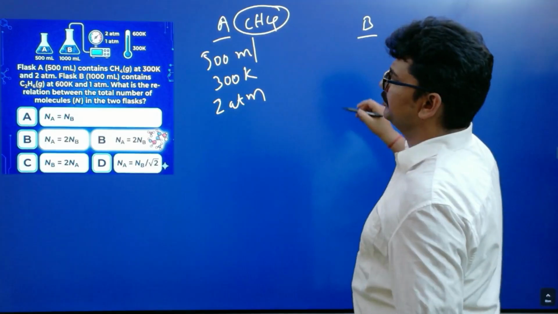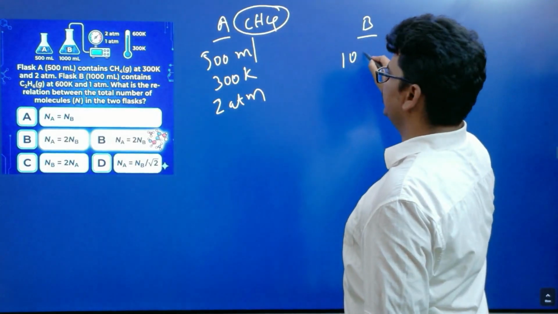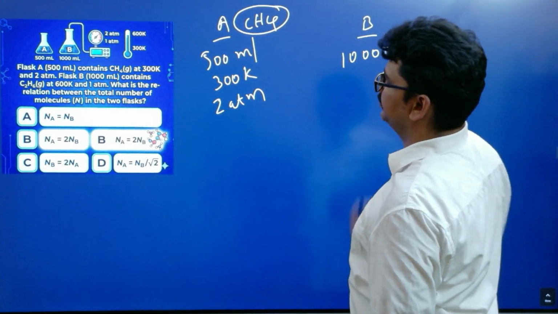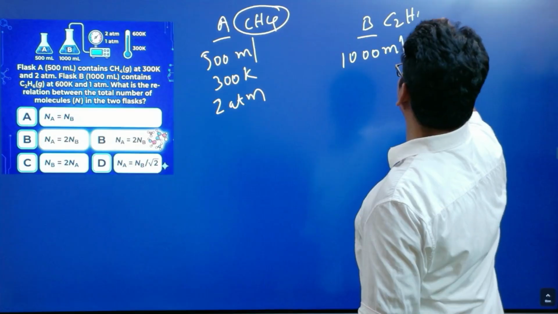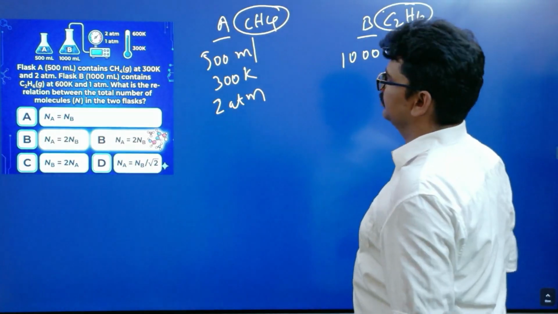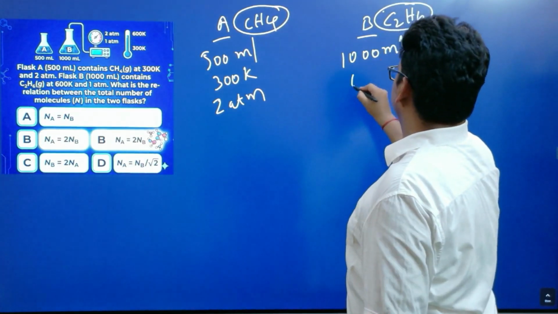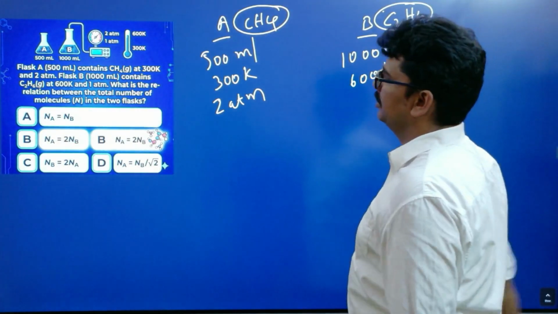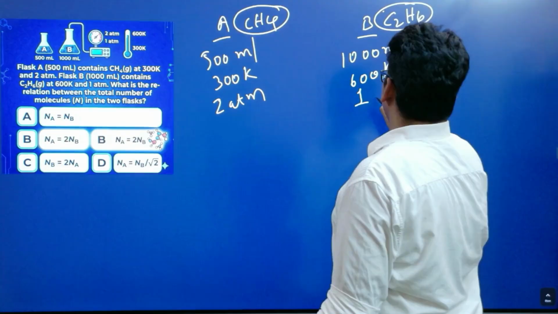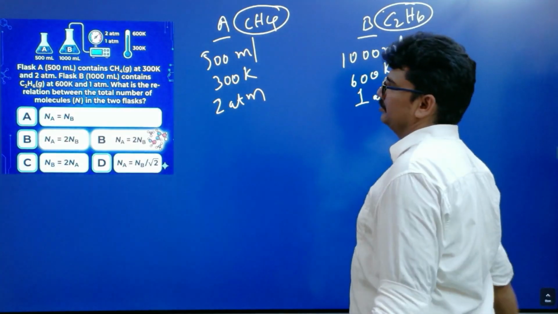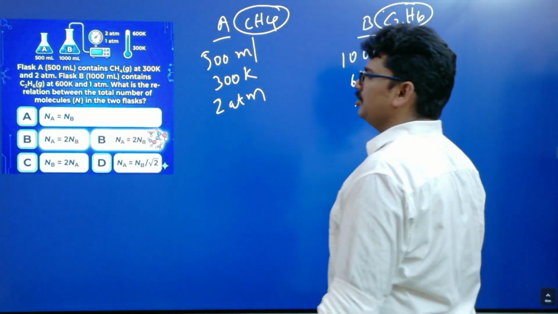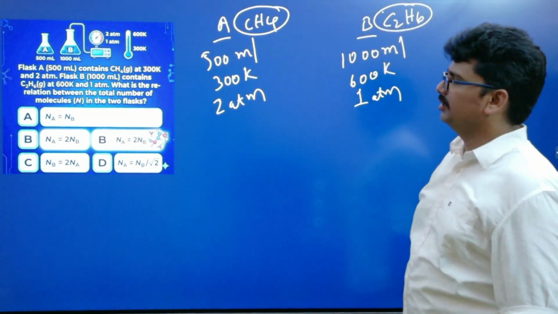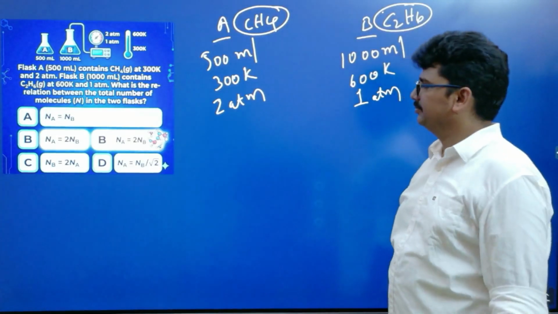Flask B contains 1000 ml. Its gas is C2H6. Temperature is 600 kelvins and the pressure is 1 atmosphere. What is the relation between the total number of molecules in the two flasks?